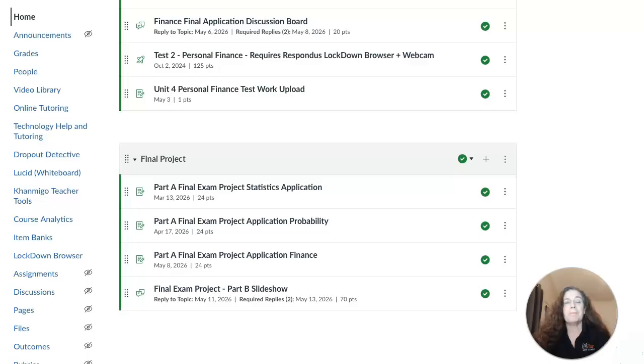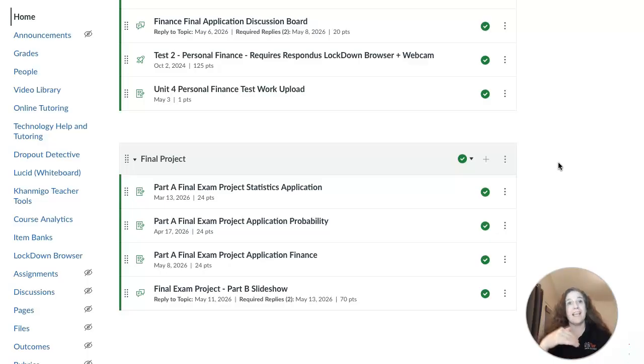So our final project is broken down into two parts, part A and part B, and you can see that in this module right here. But you can also see that part A has three parts, and that's because we have three major units in this course: statistics, probability, and finance.